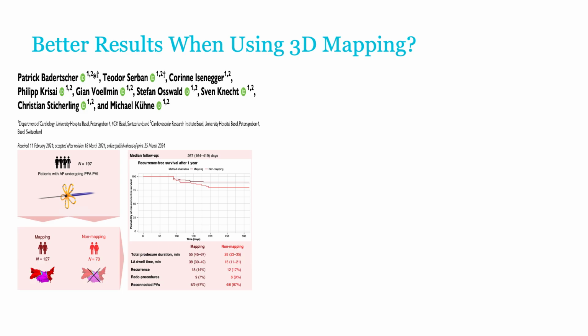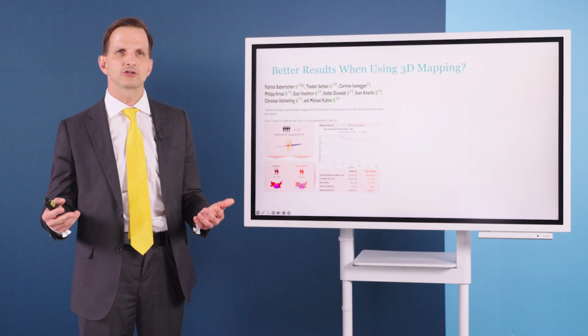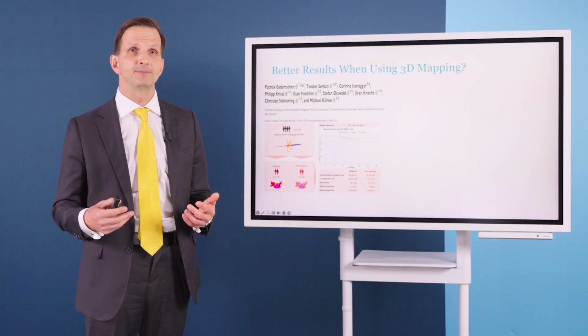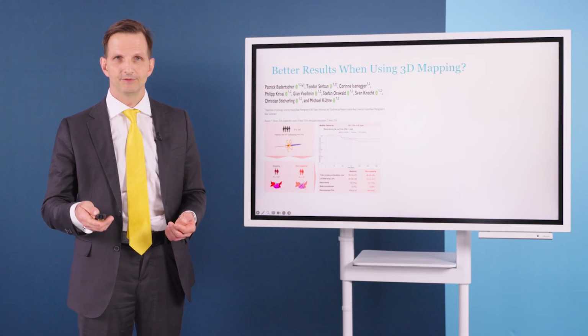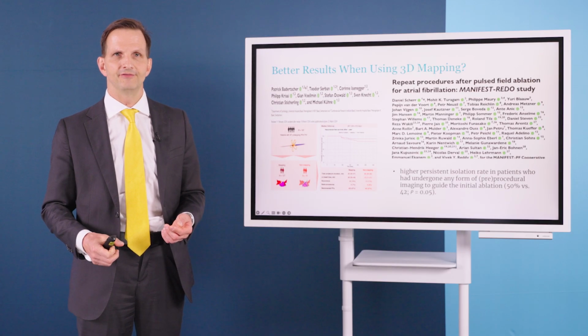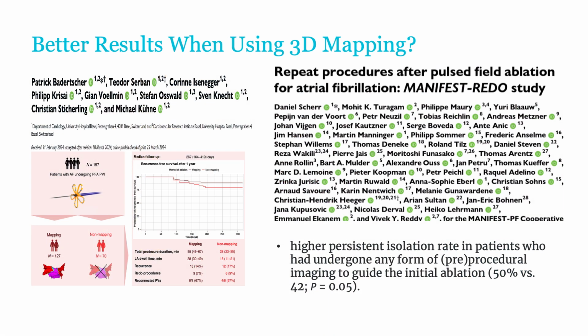Recently, a study was published from a Swiss group that did not find any benefit of using a 3D mapping system as compared to a fluoroscopy-based PFA procedure using a pentaspline catheter. However, the Manifest Redo study, published by Daniel Scheer, did find a higher PV isolation rate in patients who underwent a 3D mapping-guided procedure.